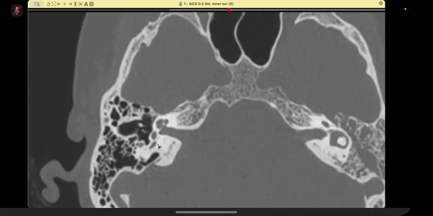Please remember, with glomus tympanicum, clinically there will be what we call a red tympanic membrane. The tympanic membrane is a very thin structure, and when they do otoscopy, they will see a red tympanic membrane, number one.